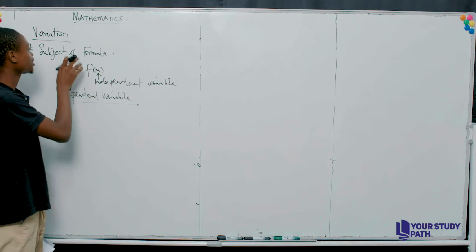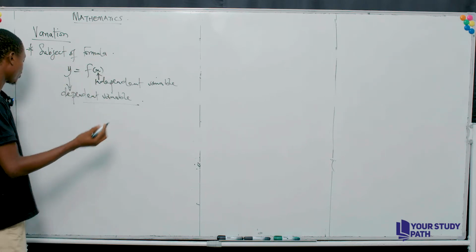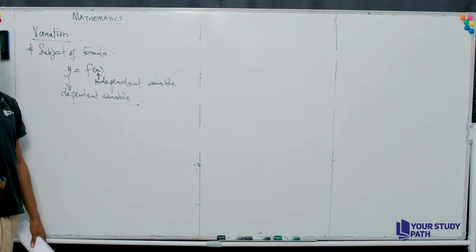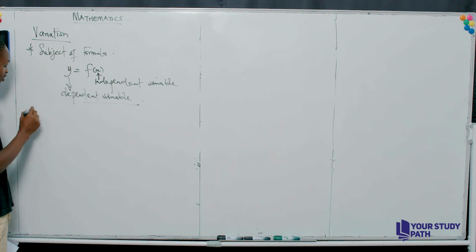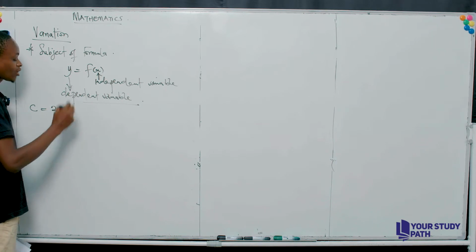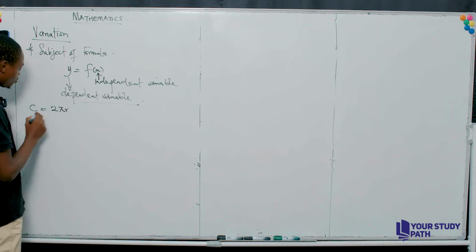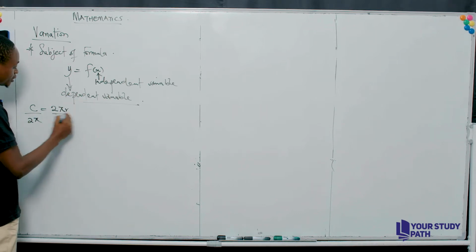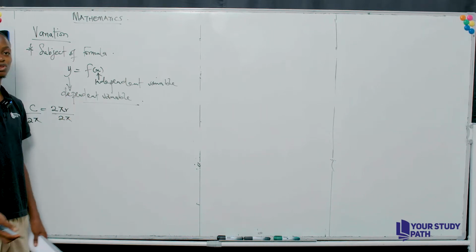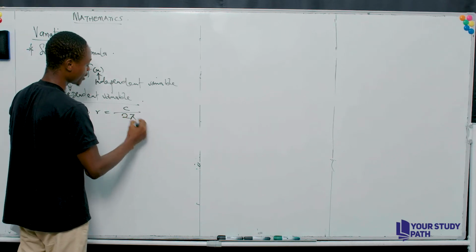So it's very important for us to be able to write subject formulas, and they can come in different forms. For instance, we know that for a simple formula, we can find the circumference of a circle as C = 2 pi r. If we decide to make r the subject of the formula, then all we have to do is divide both sides by 2 pi, and then we'll have that r is equal to C divided by 2 pi.